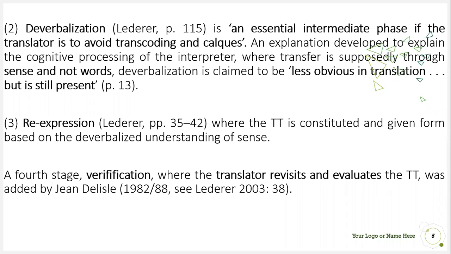Calc is a kind of loan translation, that means borrowing an expression from other languages. It can be semantic, it can be based on a phrase, it can be syntactic. In different ways we can experience calc.